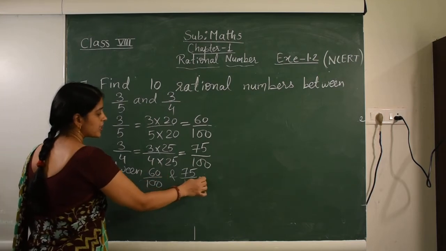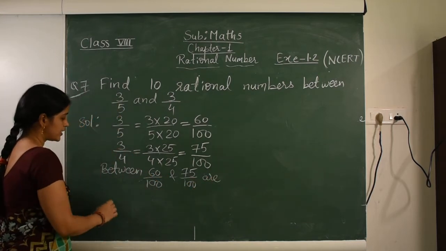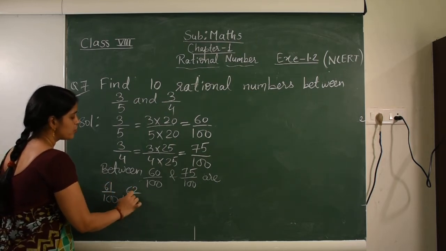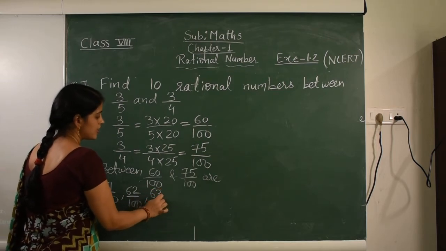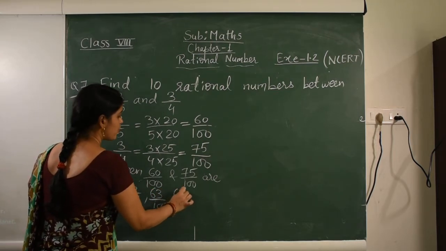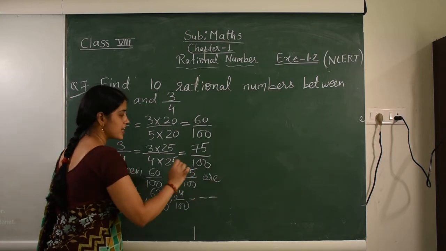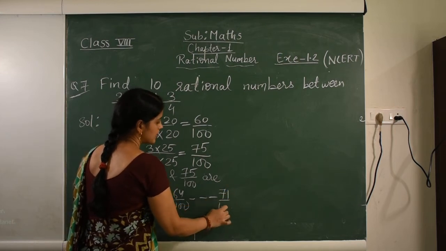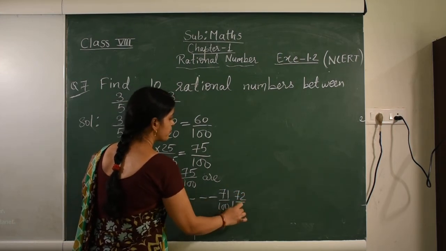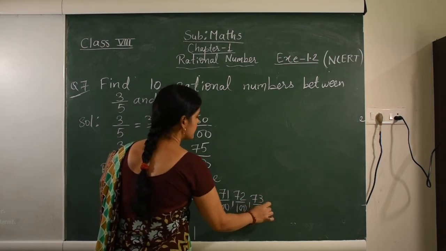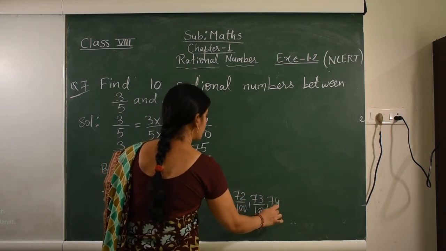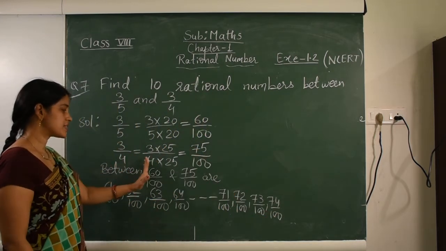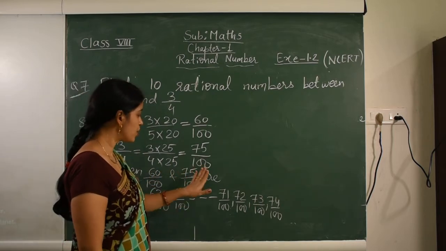Between 60 upon 100 and 75 upon 100 we have 61, 62, 63, 64, and so on, or we can write 71, 72, 73, 74. So this many rational numbers we get between 60 upon 100 and 75 upon 100.